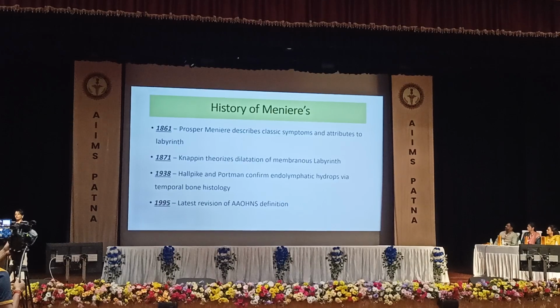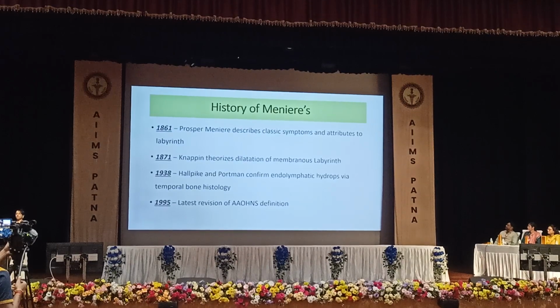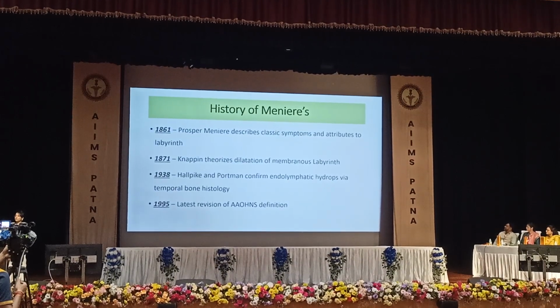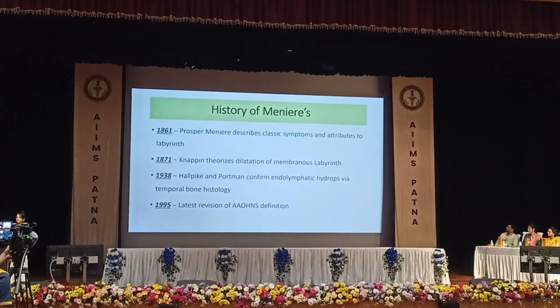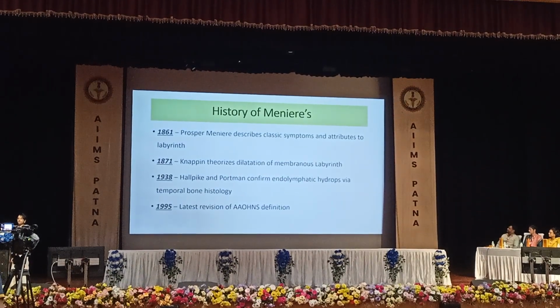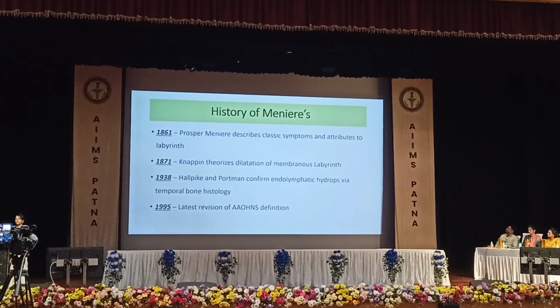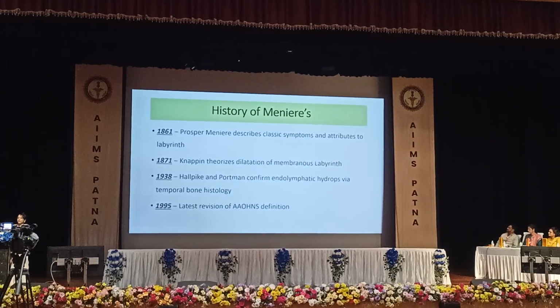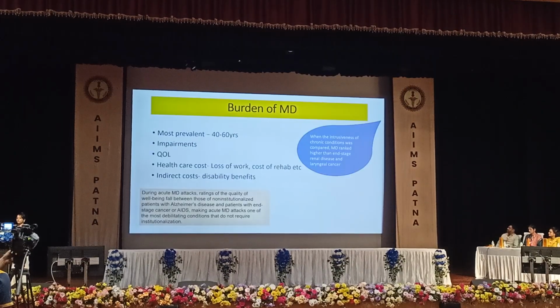In 1938, Hallpike and Cairns and Portmann showed that it's about endolymphatic hydrops. What creates this symptom is the endolymphatic system pressure increase, or hydrops. And in 1995, the American Academy revised its guidelines and gave what is today called definite Meniere's and probable Meniere's.